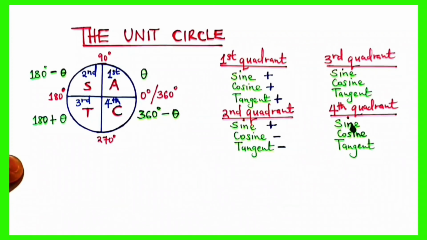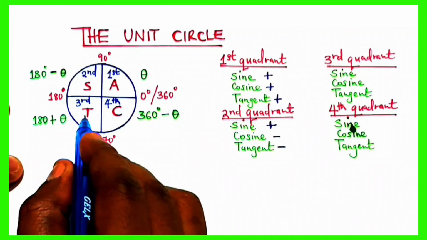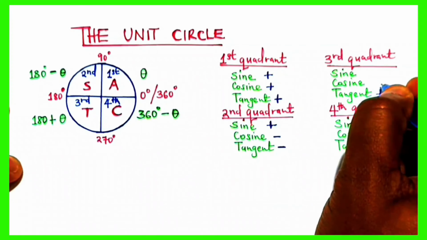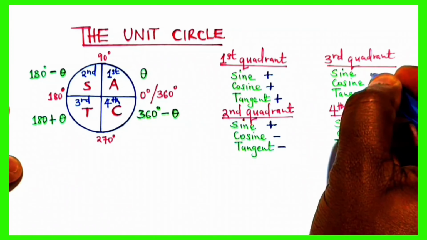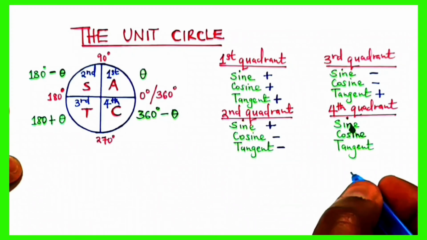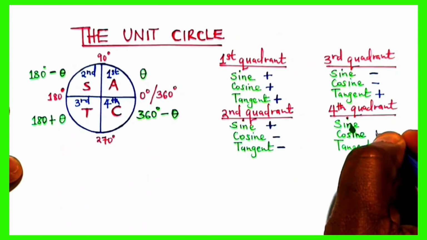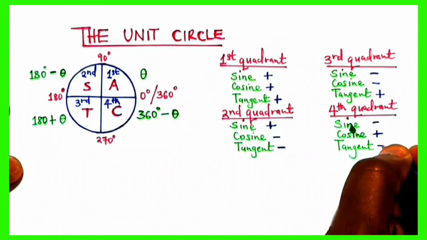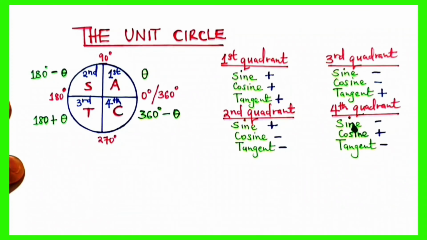And then in the third quadrant, it's only the tangent that is positive, and therefore the sine and the cosine are both negative. And then in the fourth quadrant, it is the cosine that is positive, therefore the sine and the tangent will be negative.